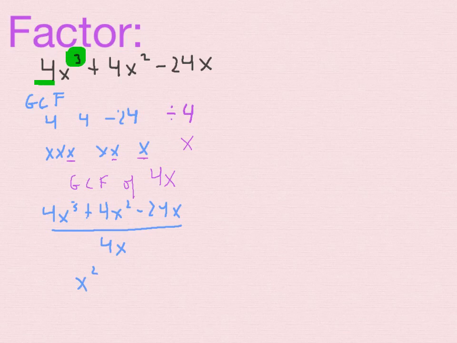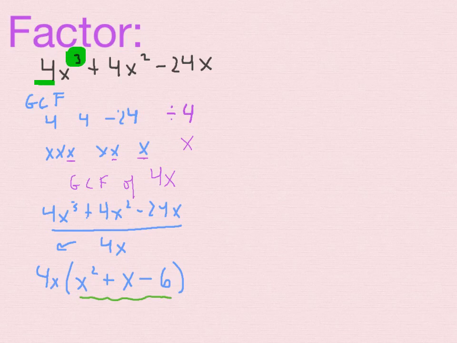In the middle, 4 divided by 4 would give me 1. X squared take away an x. And then 24 divided by 4 is 6, and the x is gone. And then don't forget that this has to come out front. Now I have a quadratic that I can factor.